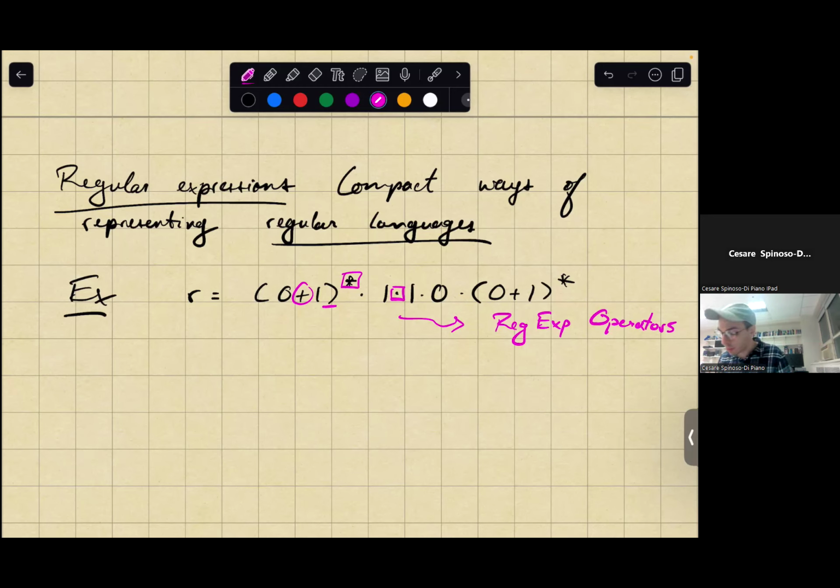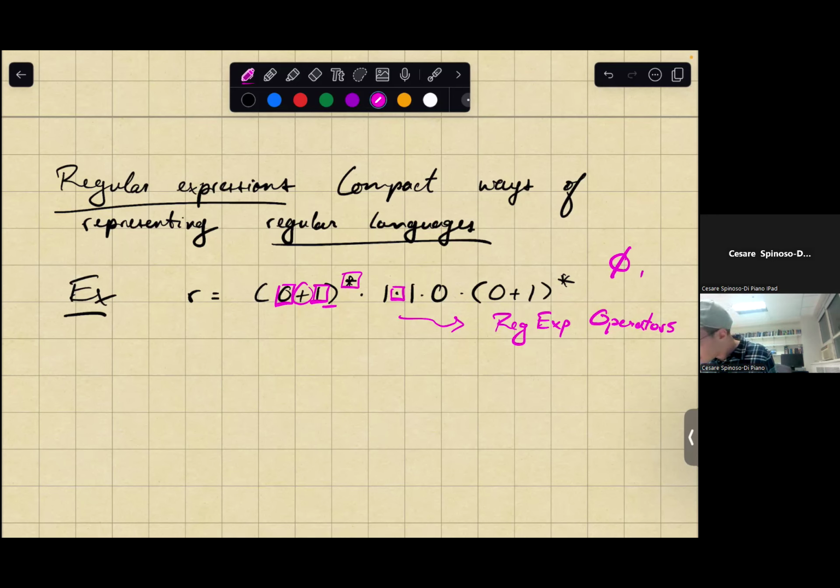So atomic regular expressions are things like 0 and 1. Essentially, those are the regular expressions that denote the atomic units in the language, in this case, the letters in the alphabet. The other atomic regular expressions are the empty set, the regular expression that denotes the empty set.